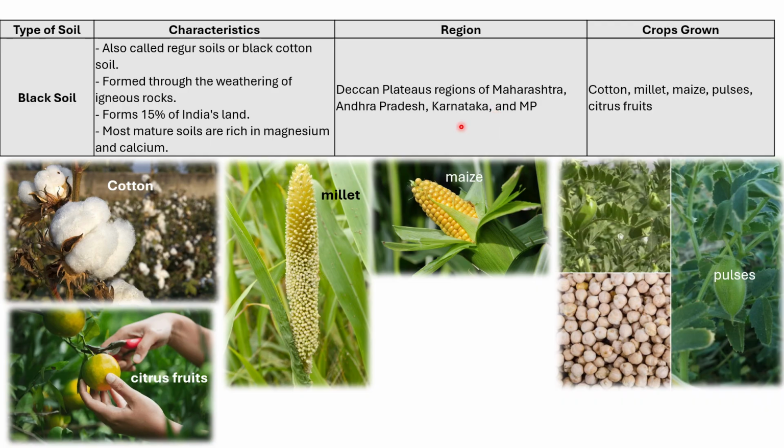The crops grown here are cotton, millets, pulses, citrus fruits and also maize. This soil cracks in the summer but becomes very sticky during the rains, making it ideal for cotton cultivation mainly because of its sticky nature.